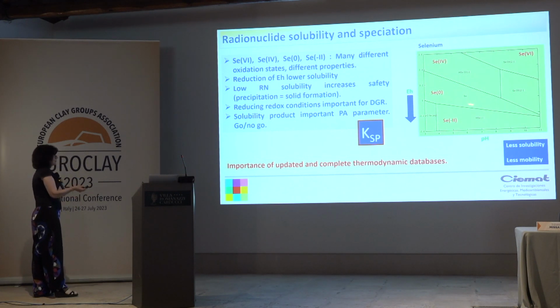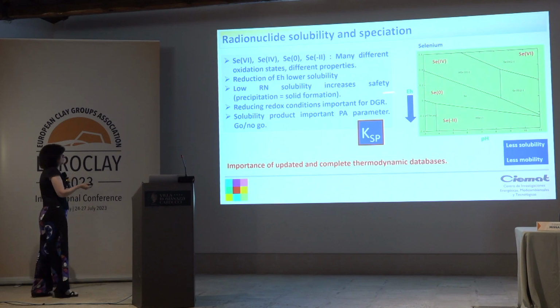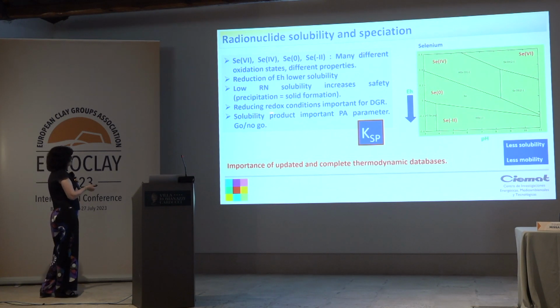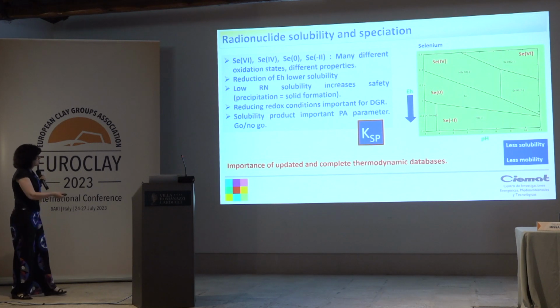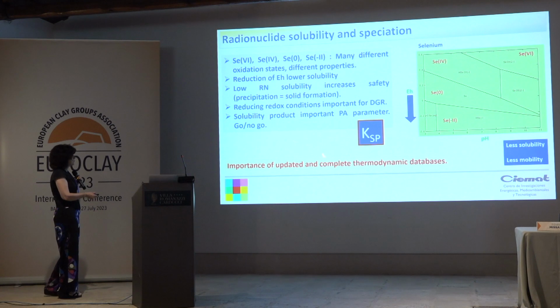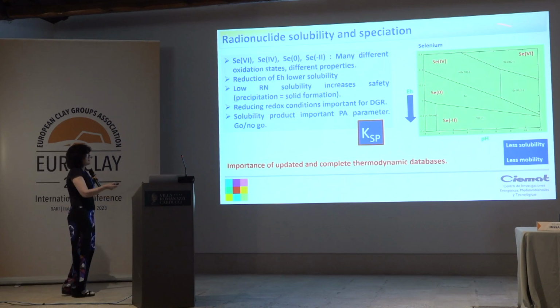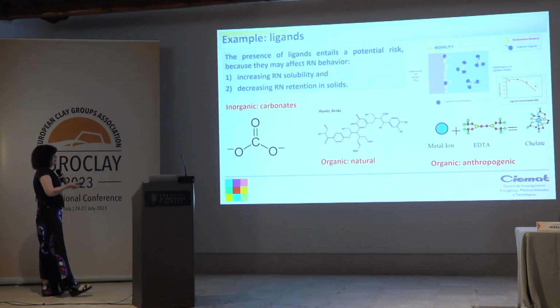Low radionuclide solubility generally increases safety, because precipitation and the formation of a solid is a safety function, so reducing conditions are very important for a DGR. The solubility product is another important parameter in PA calculations. We also have to mention the importance of having an updated and complete thermodynamic database to perform all these calculations. Ligands.